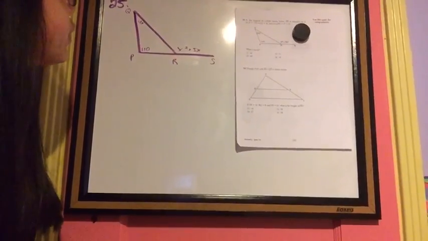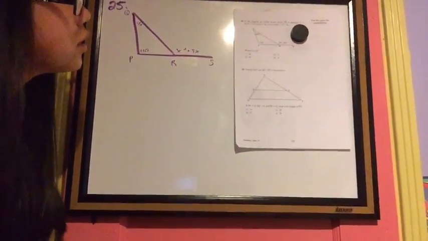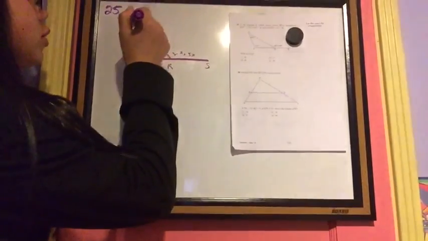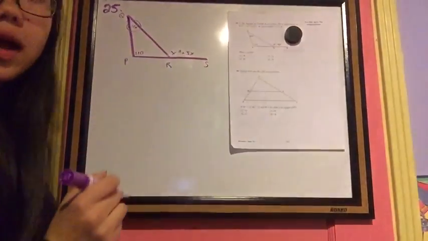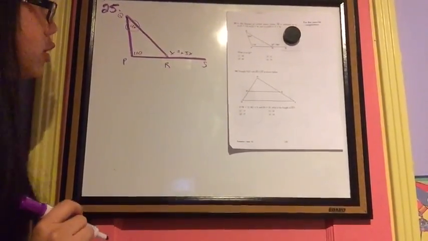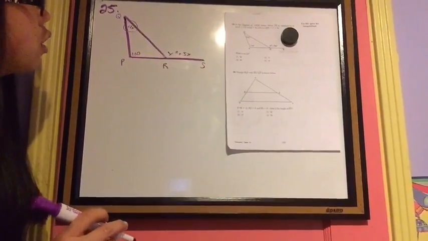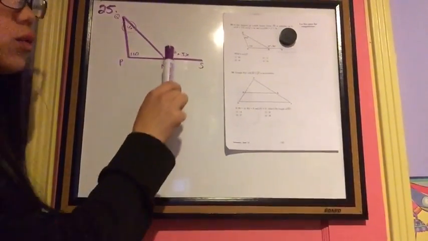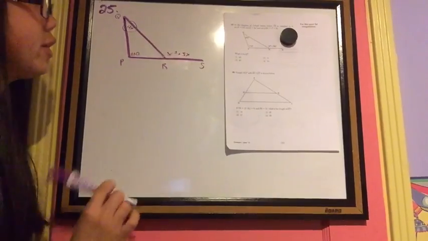So question number 25 is asking us to find the measure of angle Q, which is up here. It says it's 4x. To find this, we must find x. So we know that these two angles added together equals this exterior angle.